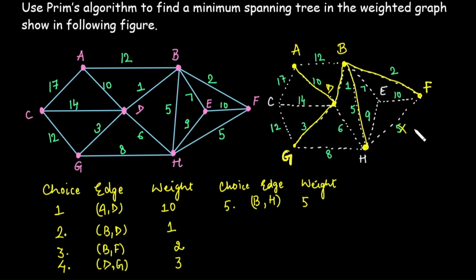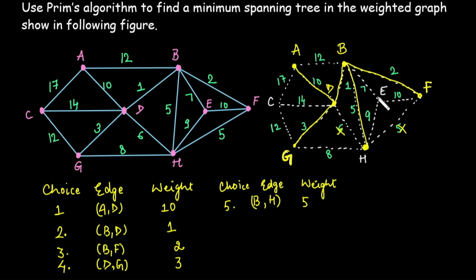So we will not include FH as a part of the spanning tree. The next minimum weight in this case is 6, that is from D to H. Can we take this as a part of the spanning tree? No, because it is again creating a circuit. So discard this. The next minimum weight we have is 7.